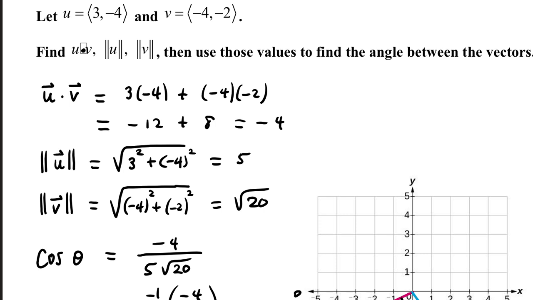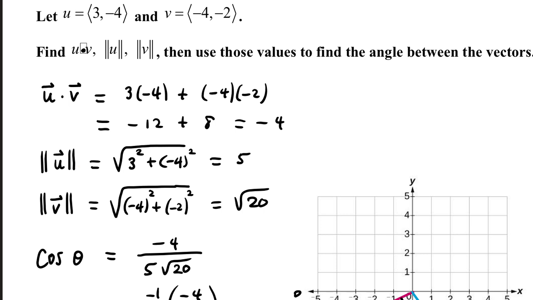It looks a little deceiving because there's a couple of negative 4s, but it's the first 3 times this first negative 4 plus negative 4 times negative 2, the product of the second entries. Negative 12 plus 8, that's negative 4, and that tells us we've got an angle that's not 90 degrees. We're going to determine that here in just a minute.